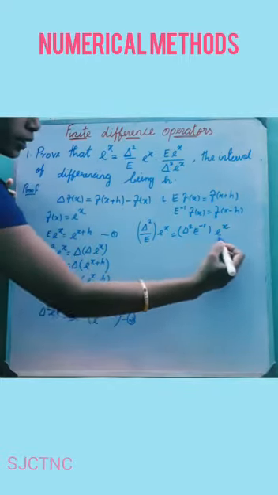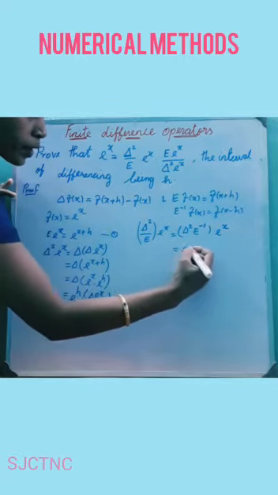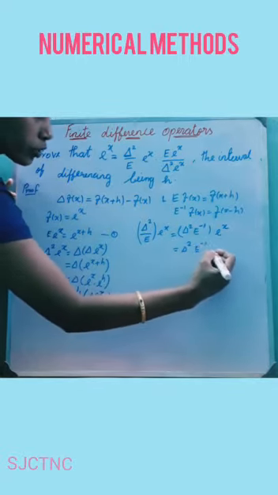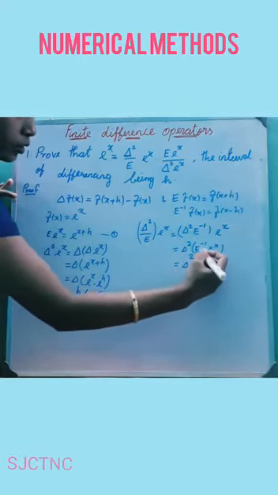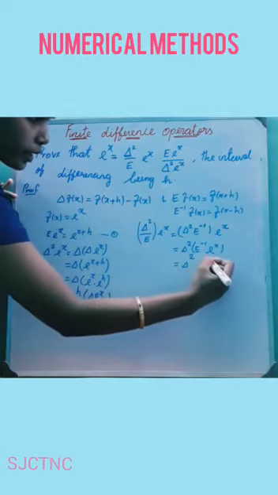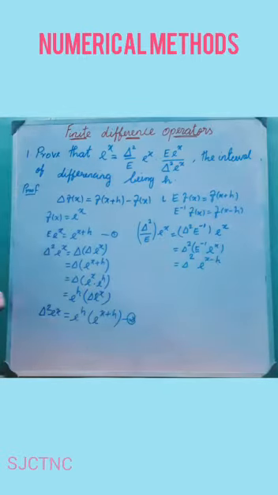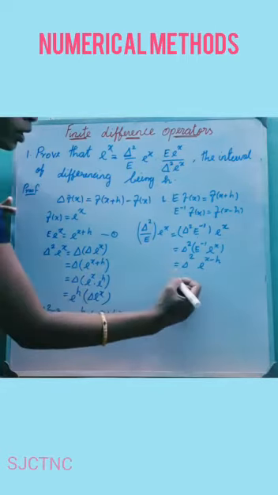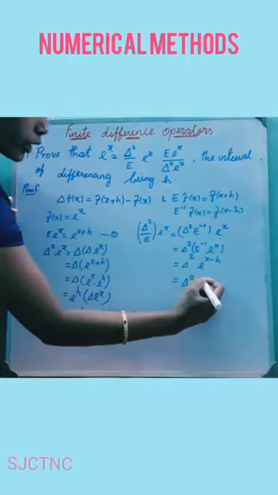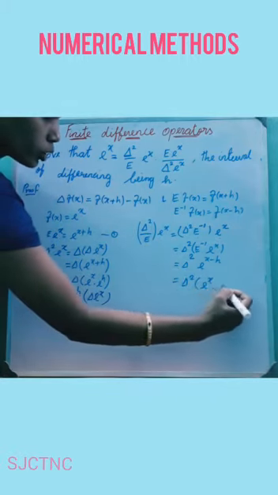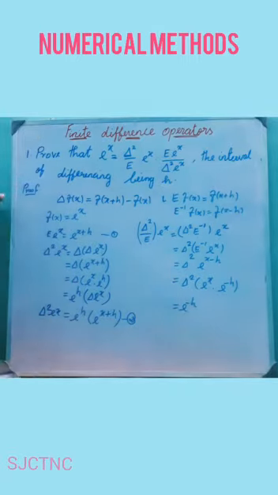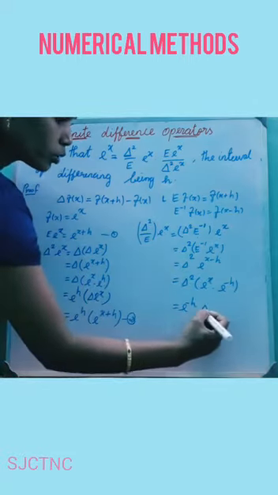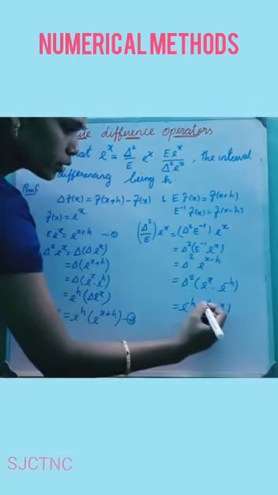First combine the inverse operator with the function: del squared e inverse into e power x. Applying the formula, e power x minus h, so del squared of e power x minus h. Separating this, e power minus h into del squared of e power x.